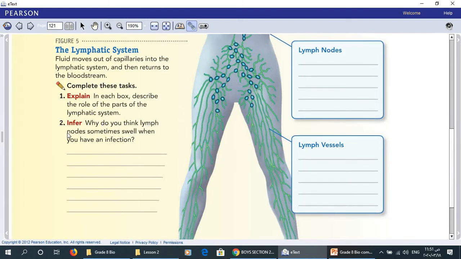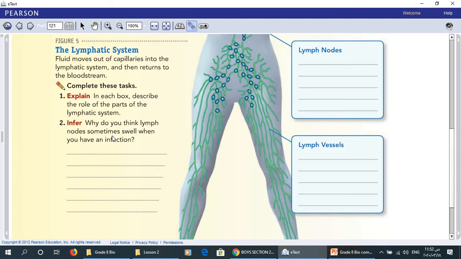Now, question number 2. Why do you think lymph nodes sometimes swell when you have an infection? Of course, the lymph nodes swell because they are trapping disease causing microorganisms from your infection.